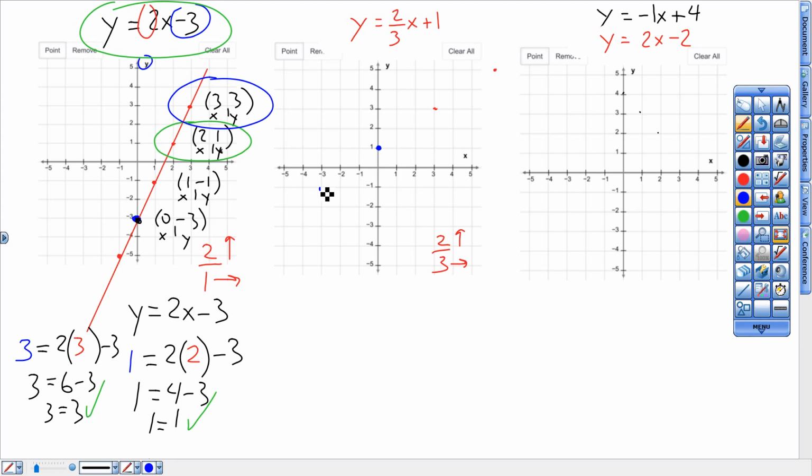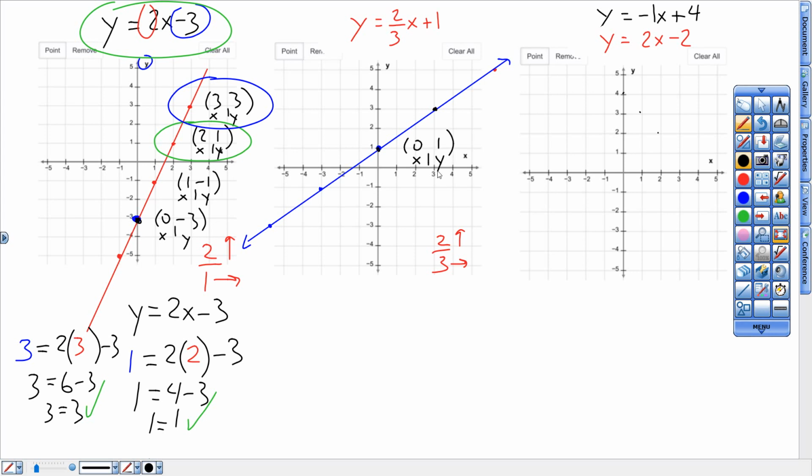Down 2, left 3 will all be on the same line, same slope. Draw your line through it. Know that any point on this line is a solution to that equation.